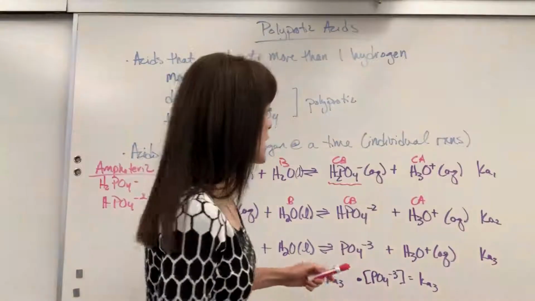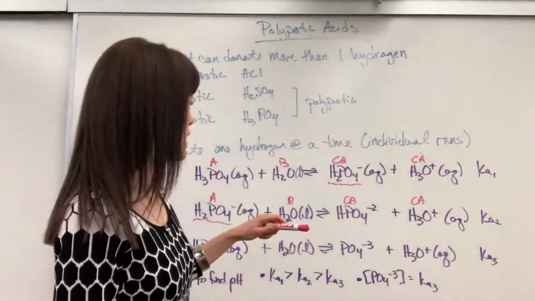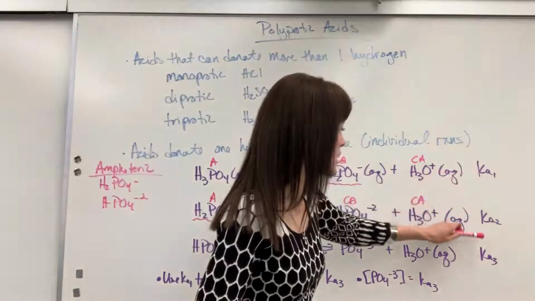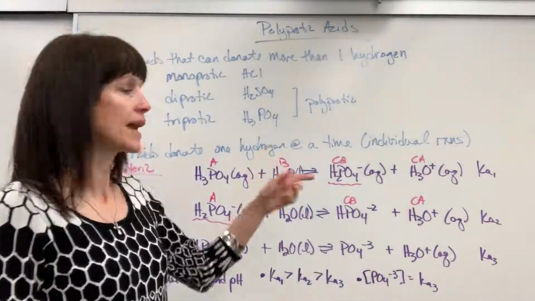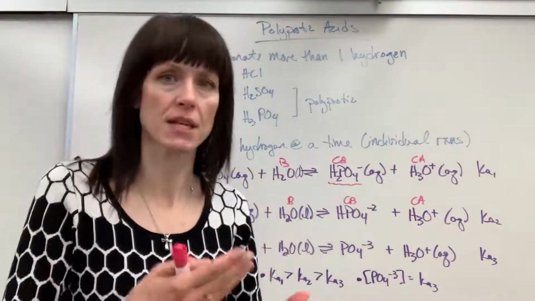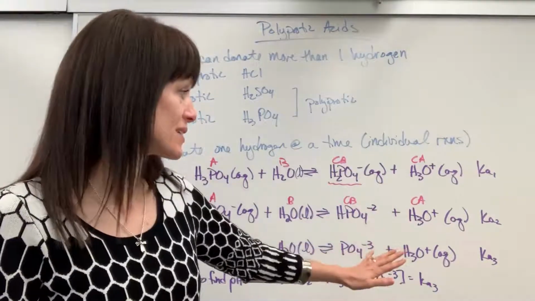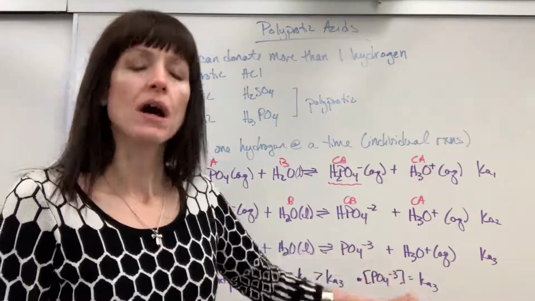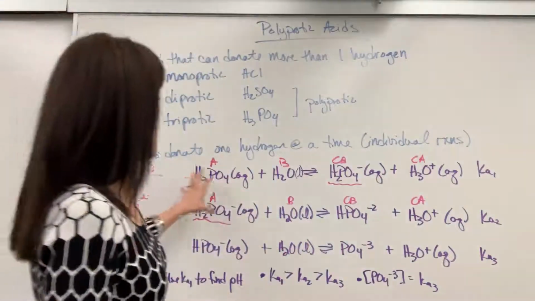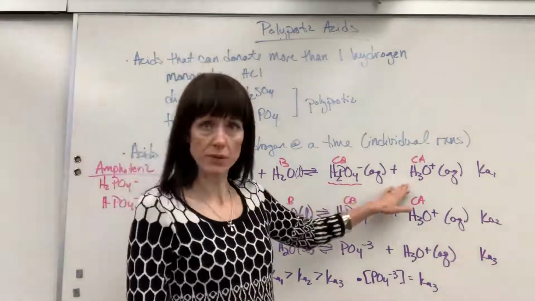If you were to look up the Ka values of each of these, Ka1, Ka2, Ka3, Ka1 is always significantly larger than the Ka2, and Ka2 is larger than Ka3. So here's what happens. All 3 of these reactions produce hydronium.